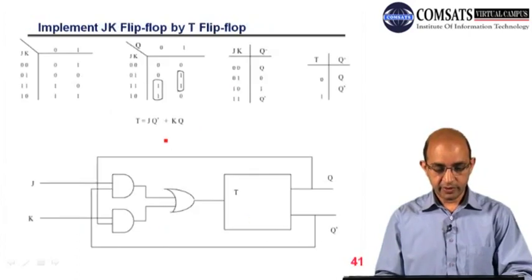If I go back, you can see that we don't have any inversion regarding K. So this is the equation: J Q bar and K Q.